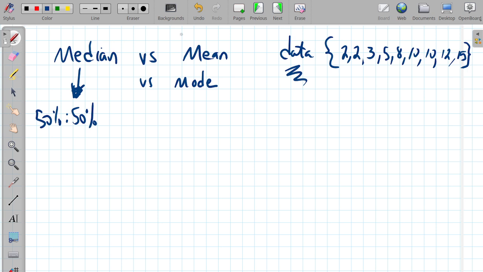So the mean is just the average value. But remember, unless you have a symmetric distribution, the mean and the median are not going to be the same. And then you say, what is this mode of which you speak? Well, the mode is the most common value that appears. All of these terms, by the way, are called measures of center.